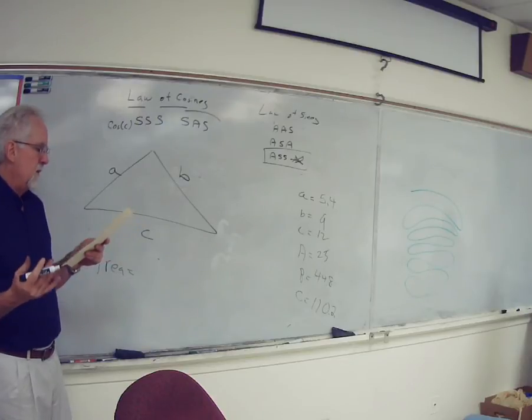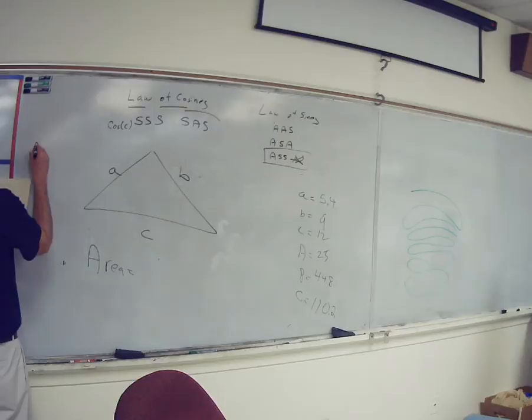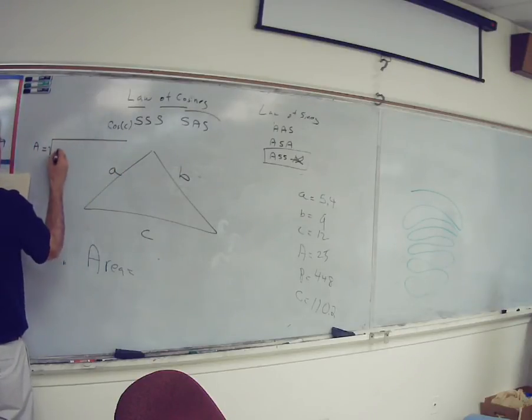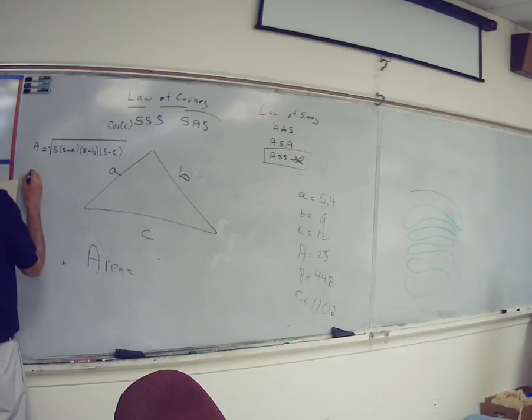But there's a way that you can do it directly, and that is area is equal to the square root of s times s minus a times s minus b times s minus c. What is s? s is equal to a plus b plus c over 2.